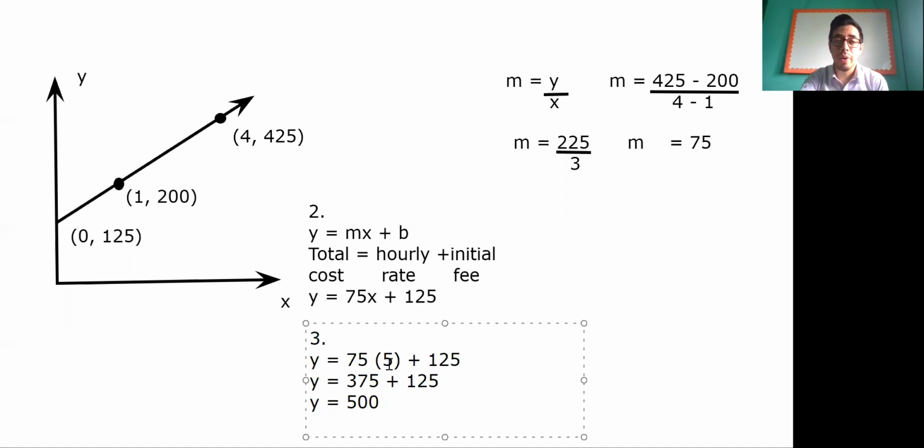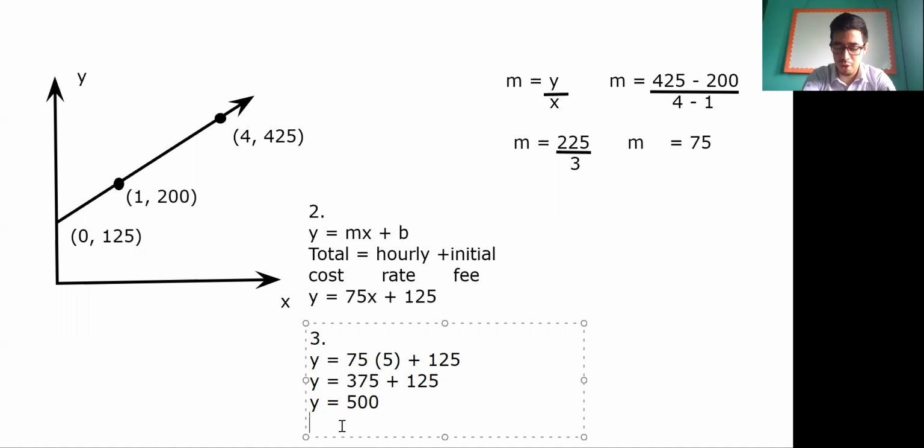So in 5 hours, they are going to pay 375. But remember, this is an initial cost. It doesn't matter the number of hours, it is always going to be the same. So when I add this, you obtain 500. So what can we say?